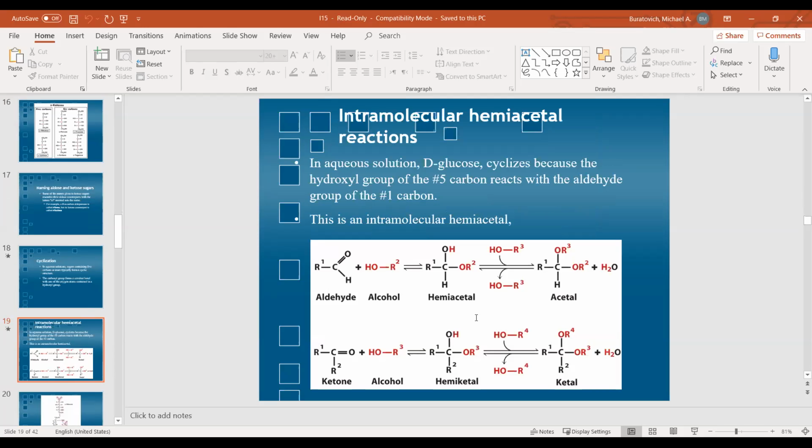This is an intramolecular reaction. If you are an aldehyde, you'll make the acetal. If you're a ketone, you'll make the ketal, well, hemiacetal. You'll have usually the hemiacetal. Then you have the hemiketal.